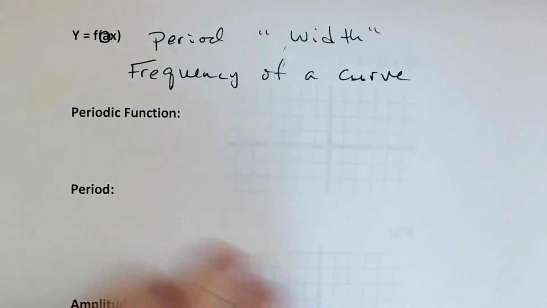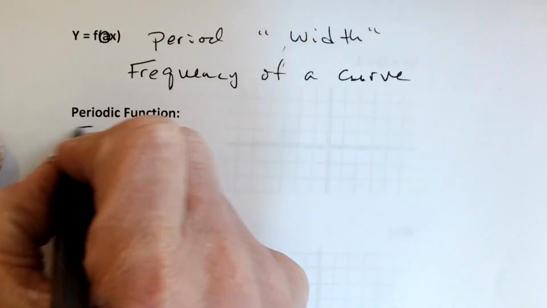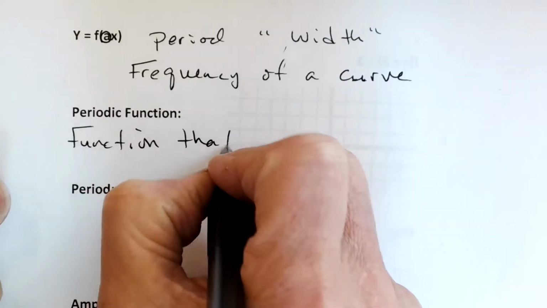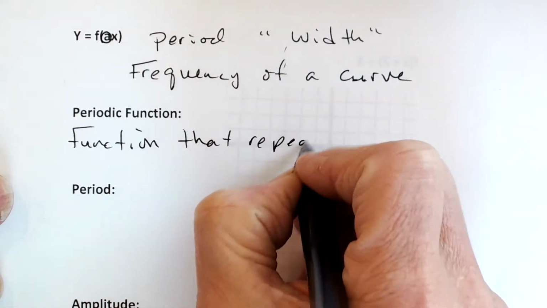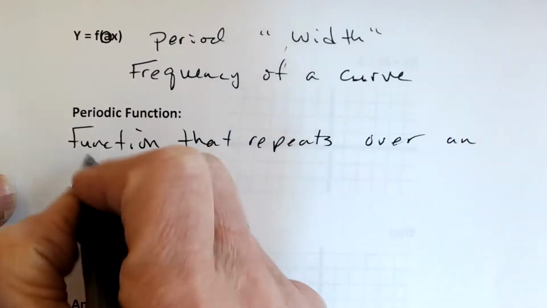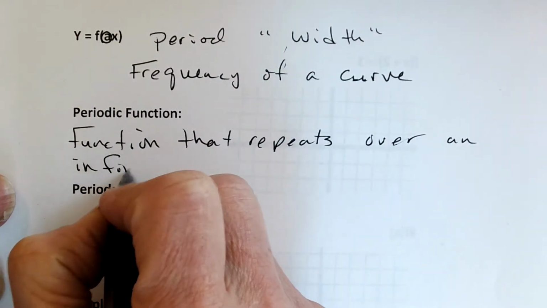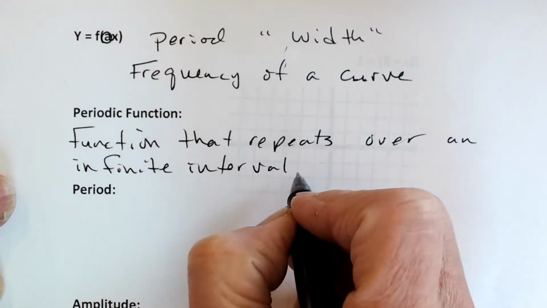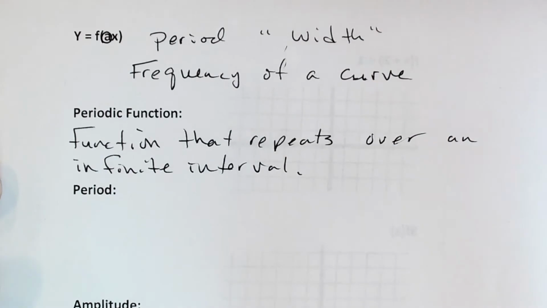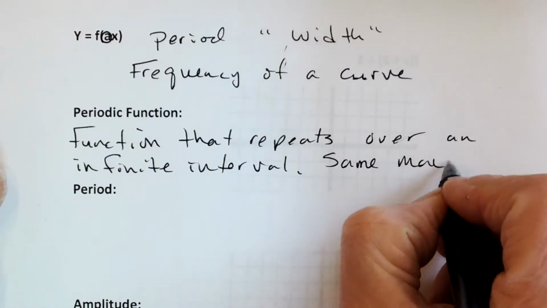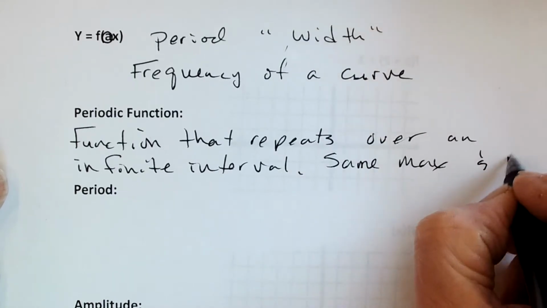So what is a periodic function? Well, it is a function that repeats over an infinite interval. And the big thing for me is this: it must have the same max and min.